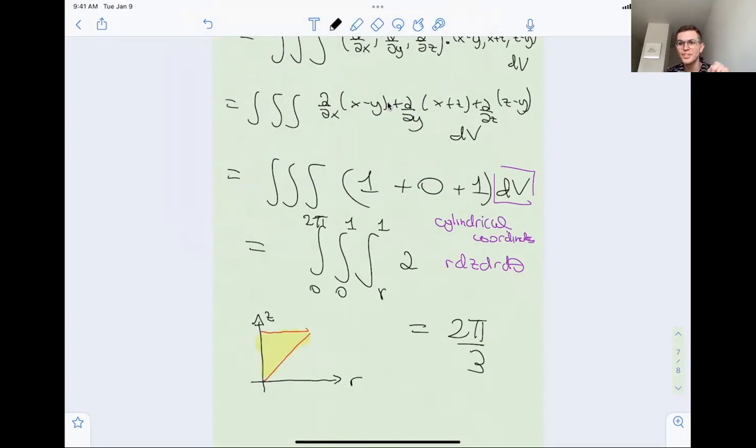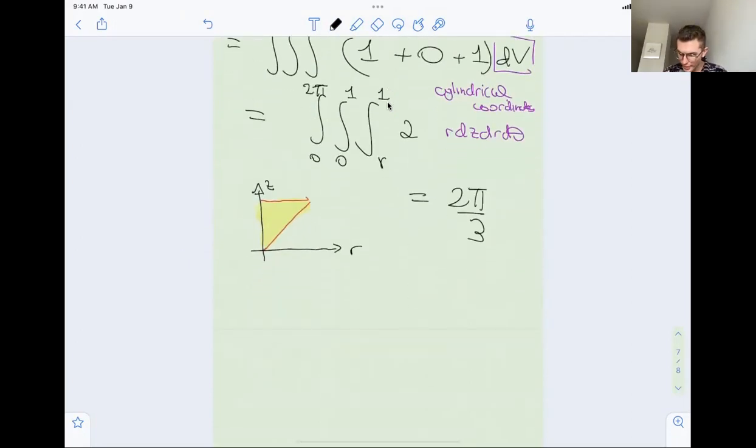Now, what does 2 pi over 3 equal? You should think of this 2 pi over 3 as the flux. Again, this is the flux of the system, the combined surface, disk plus cone, right?